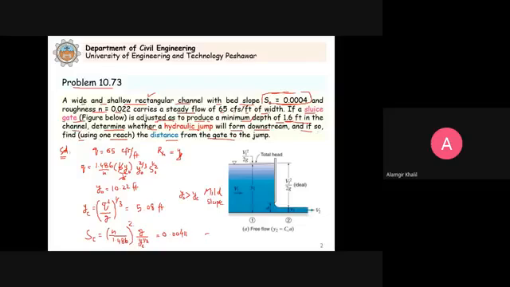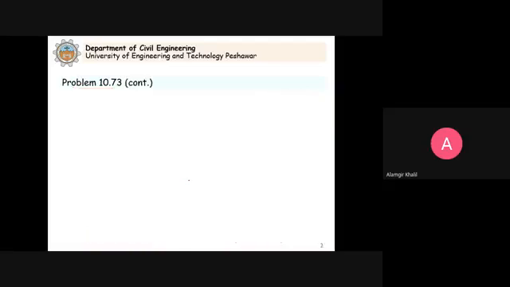So you can see that this S naught is less than Sc. So alternatively you can prove that the bed slope is mild. Clear? This is mild slope. So now that we have mild slope, this is what we have determined so far.